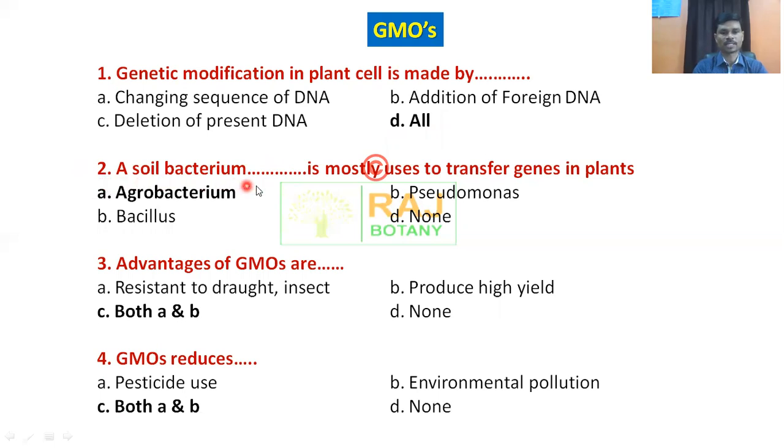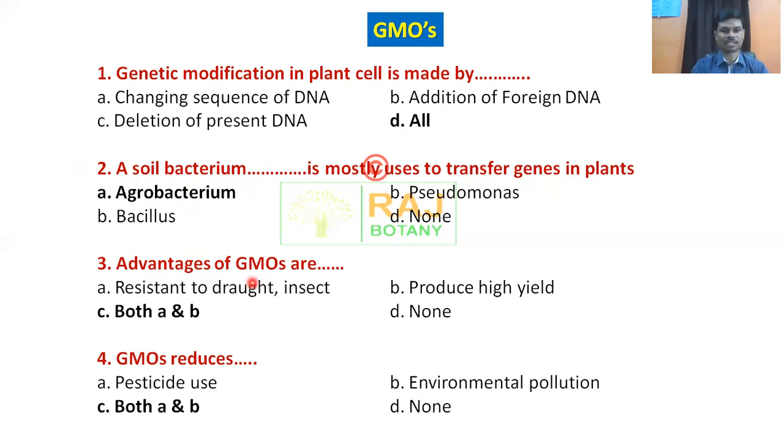Second, a soil bacterium dash is mostly used to transfer genes in plants. Agrobacterium tumefaciens is nowadays used in voluminous amounts to develop disease resistant or genetically modified plants, and this bacterium resides in the soil.